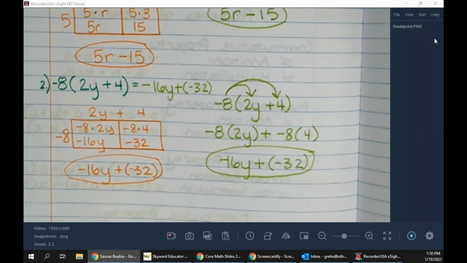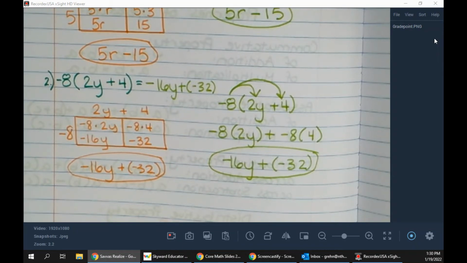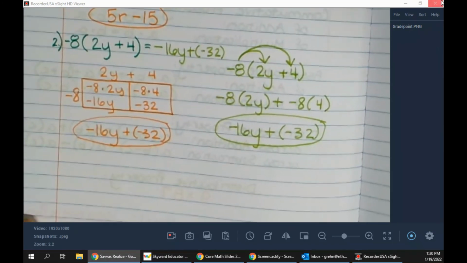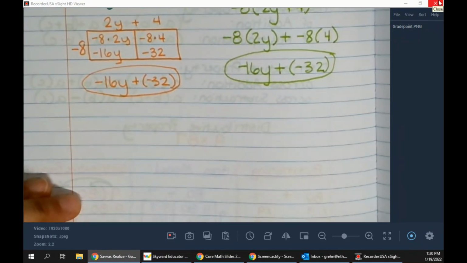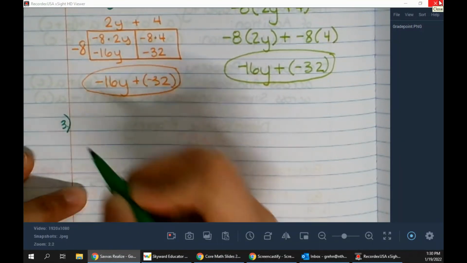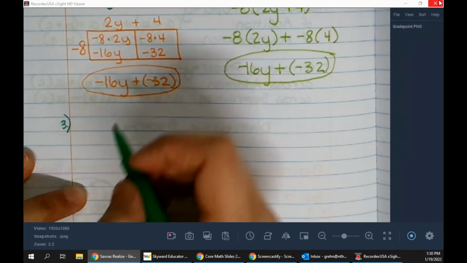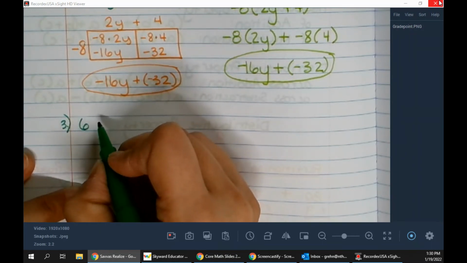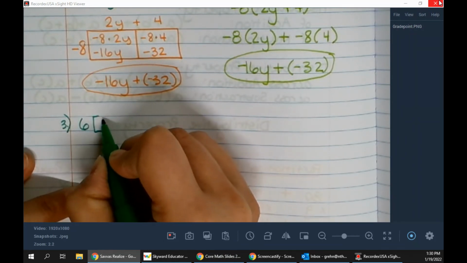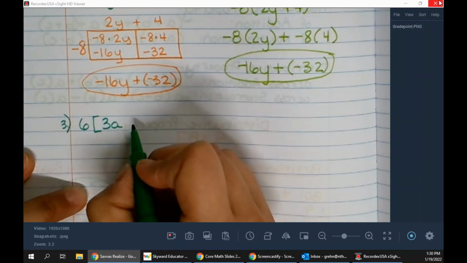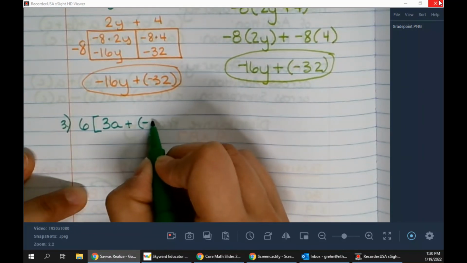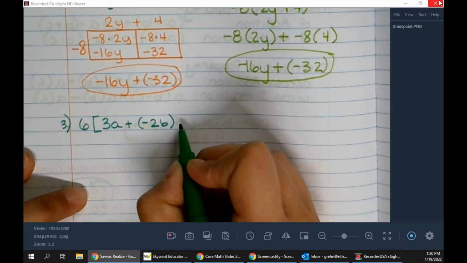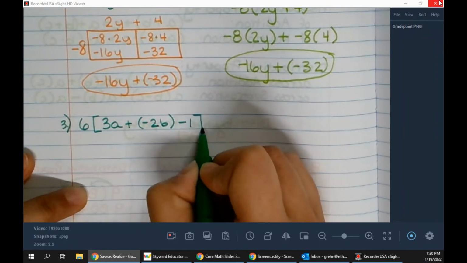Okay, let's look at one last example. Okay, so for number 3, we have the expression 6 times the quantity, and then in brackets, 3a plus negative 2b minus 1.